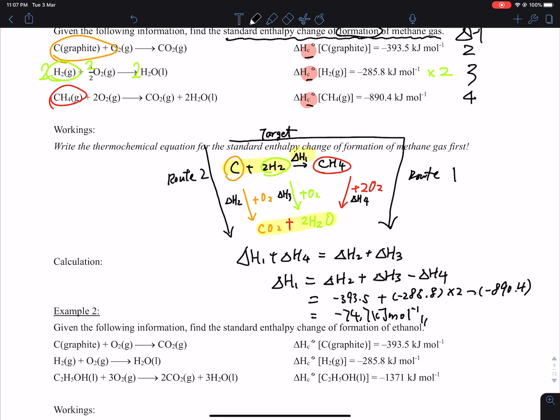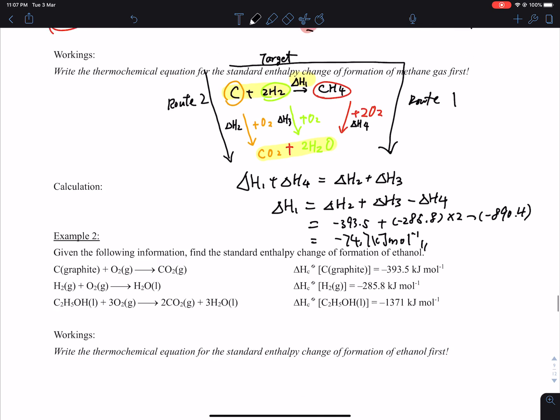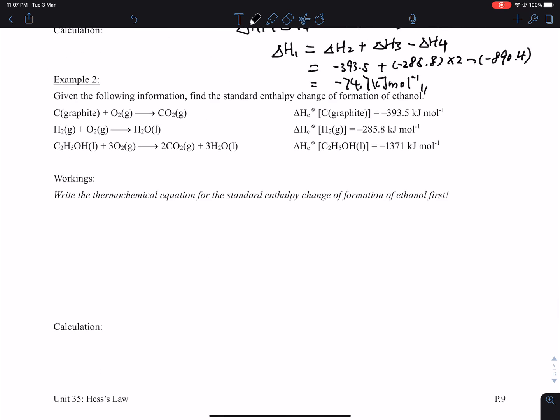Okay, so this is example 1. Now, for example 2, actually it's just repeating the same thing, trying to use 3 minutes to work out the enthalpy change cycle so that we can find out some common thing. So please pause the video before you see the steps for this part.